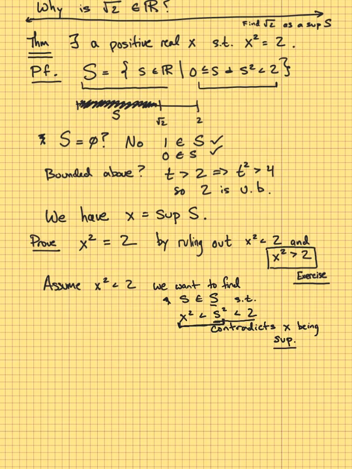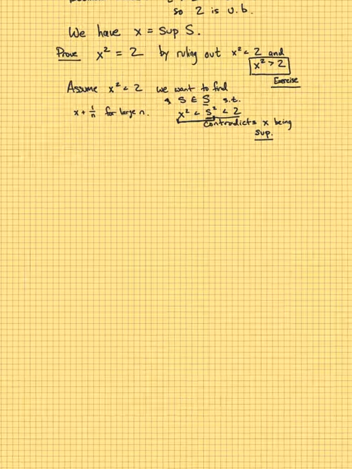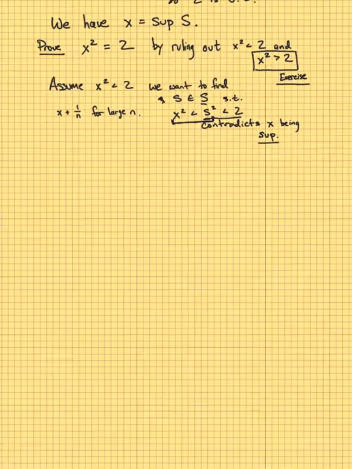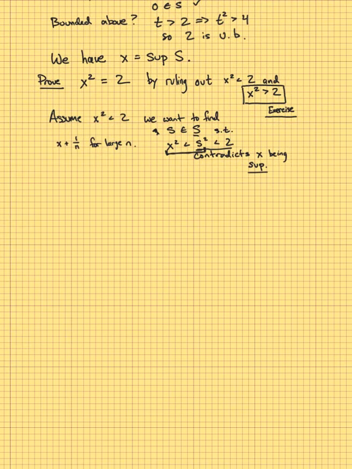Okay? And the way that you do this is that you look for x plus 1 over n for large n. Okay? That's what will do the trick. Okay. So now you have to do some sort of scratch work, right?